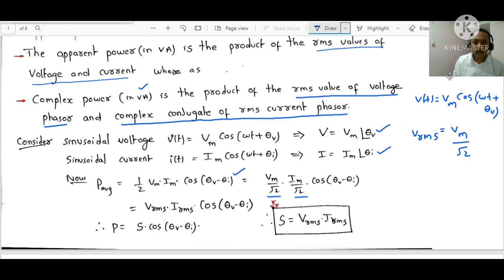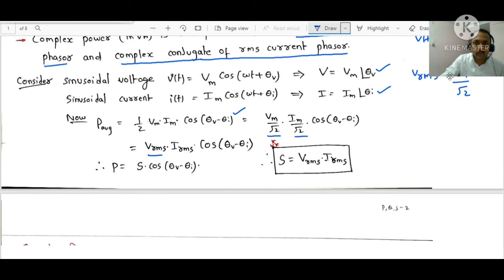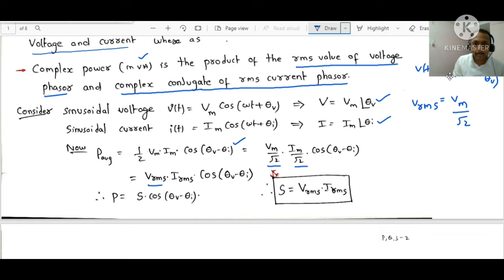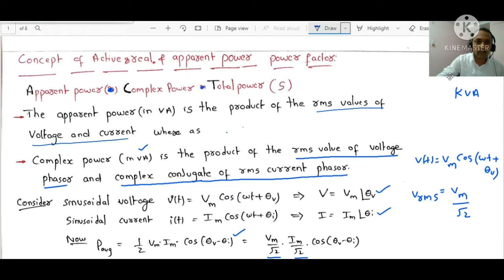Now in the place of Vm by root 2, please simply write Vrms, and in the place of Im by root 2, simply write Irms. Clear? Now the product of these two, Vrms and Irms, I will denote with the letter S, which represents the apparent power. So please look at the definition again.